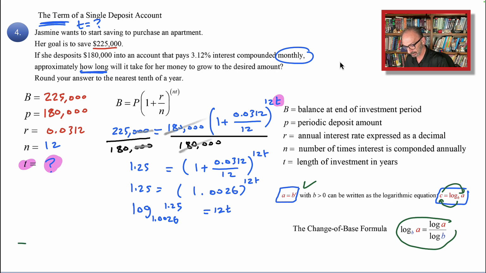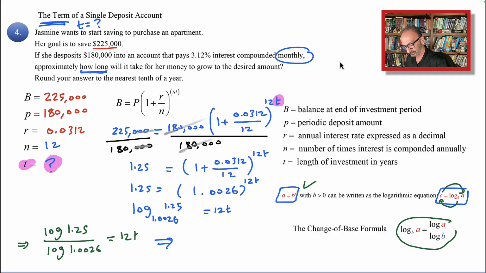This gives me log 1.25 base 1.0026 becomes log 1.25 over log 1.0026 equals 12t. Dividing both sides by 12 to leave t alone, I have the following.